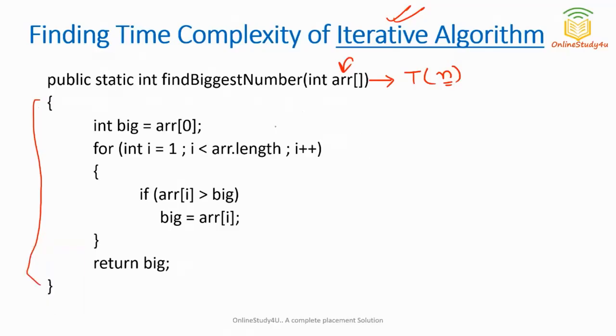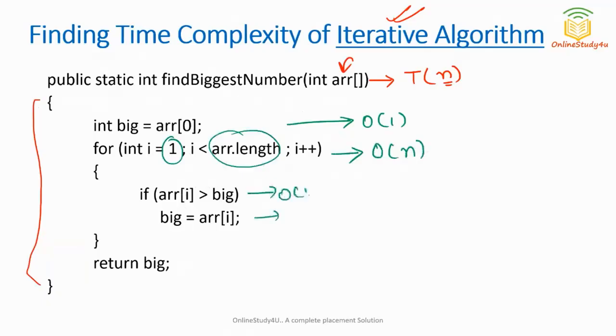I know that all of you know this, but still let me solve it for you. This line will have a complexity of order of 1 because it is a single step. Now you can see this line will have a complexity of what? It is going from 1 till the end of the array. It is nothing but order of n. These are order of 1, but these are repeated for order of n times.